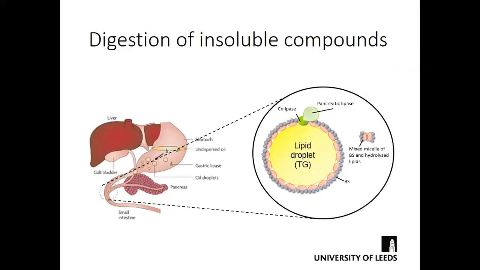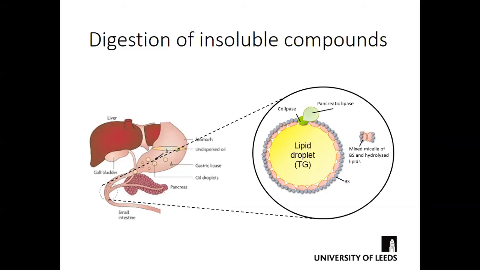I said I'd say something about lipid digestion, just really to say that it's complicated because all of the components are insoluble. Here we see that a lipid droplet is surrounded by bile salts with co-lipase anchored to the surface, and to that is linked pancreatic lipase, and that then generates mixed micelles.